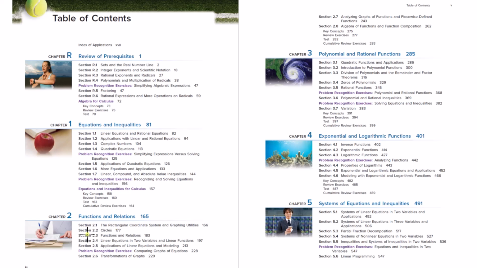Now what we're going to be looking at in this video, in this second section of Chapter 2: we talked about how in pre-algebra and in Chapter 1, we've been putting different kinds of expressions and equations into categories, where the categories are based on the different types of terms that are in the expression or equation.